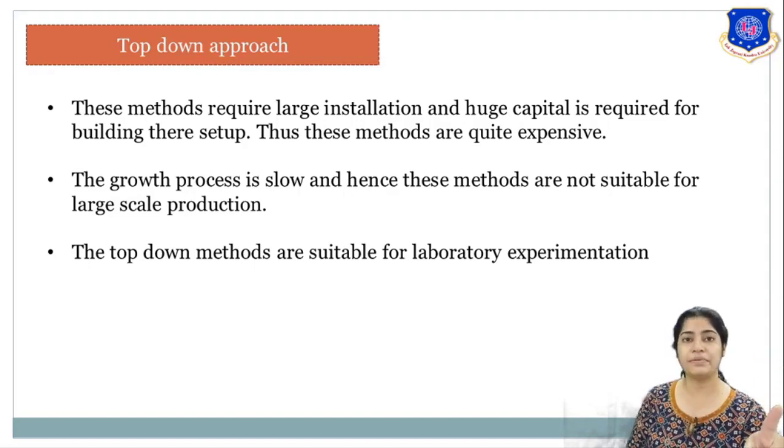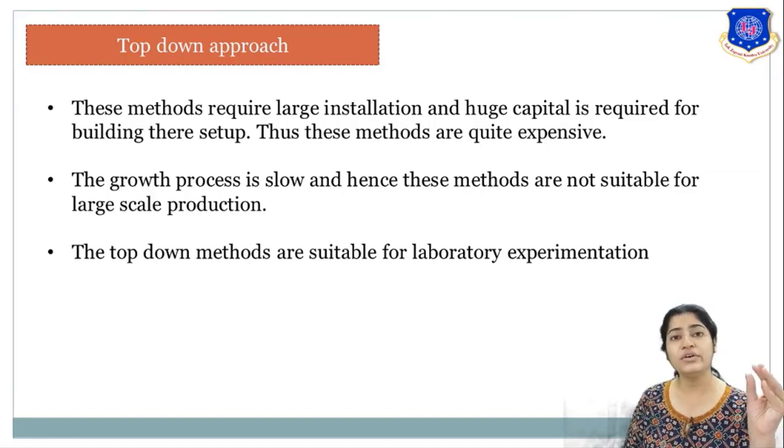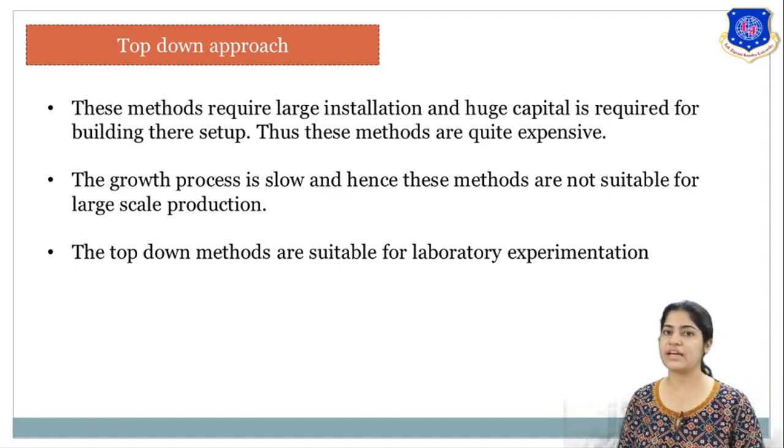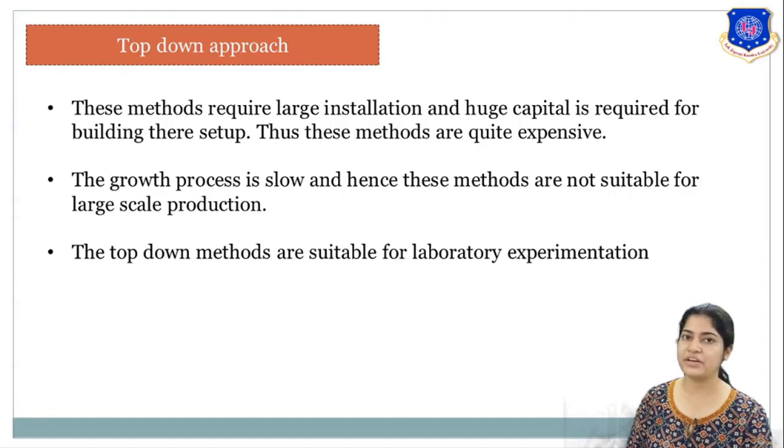In mechanical operations, you might have studied that only 2% of the total energy supplied is used to reduce the size. The remaining 98% of the energy is wasted in the form of sound and heat. So it is very expensive because its operational cost is high.